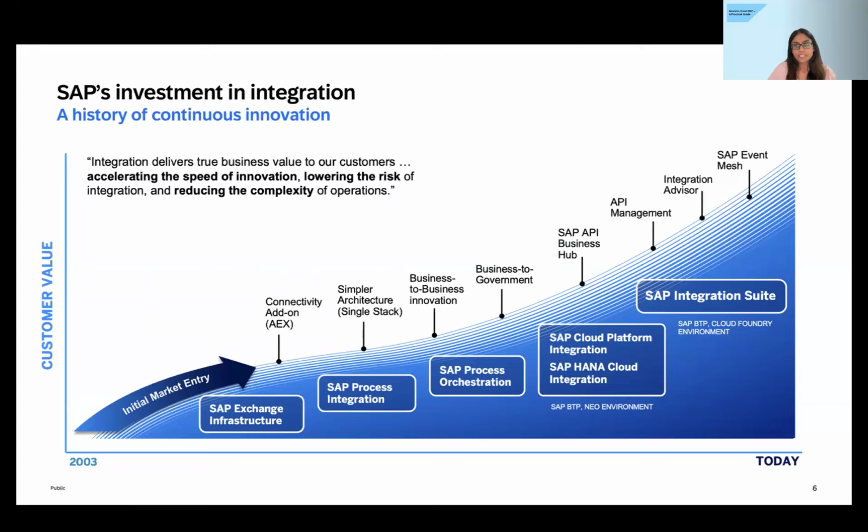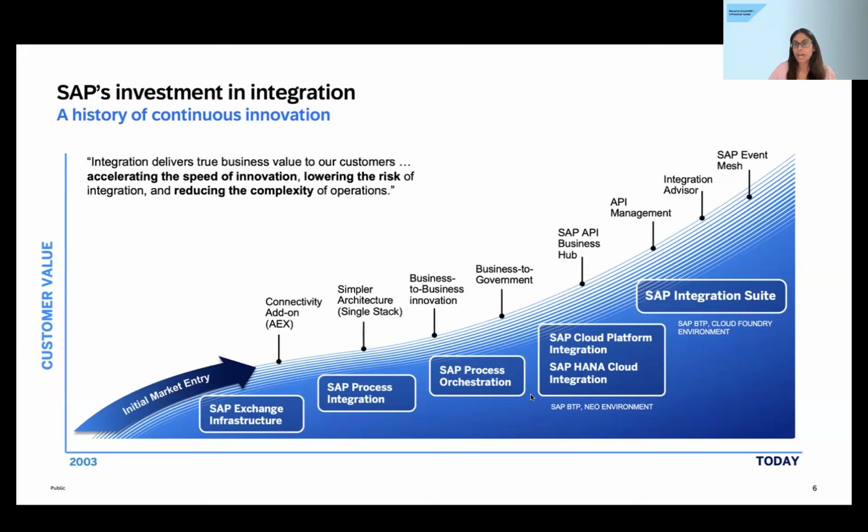Now, there was a huge need and also big feedback from our customers: how can we have a unified landscape or unified product which talks about API-based integration, cloud integration, process integration, B2B integration, B2G integration, also eventing? So that's where Integration Suite was born, and it's on the SAP BTP Cloud Foundry environment.